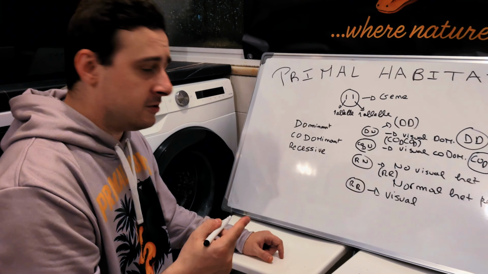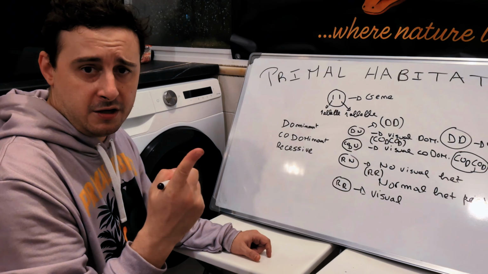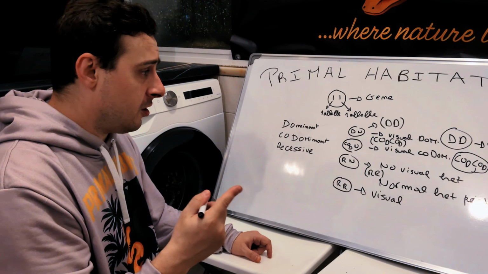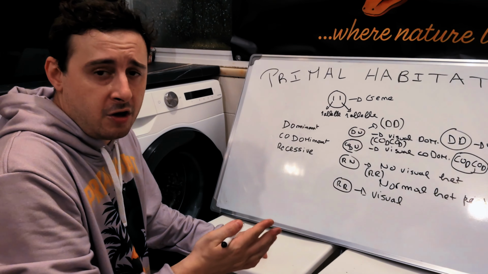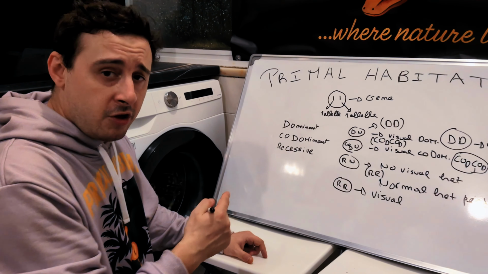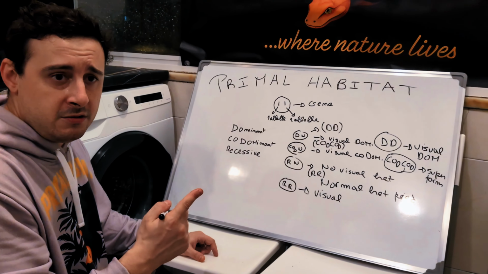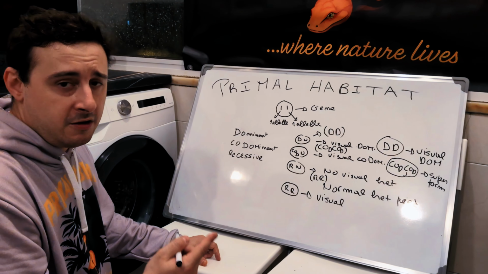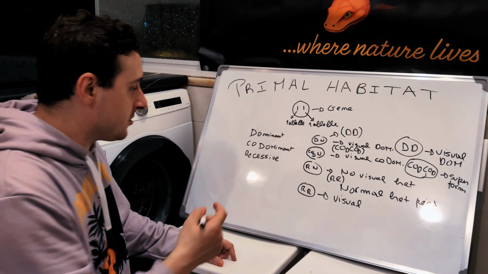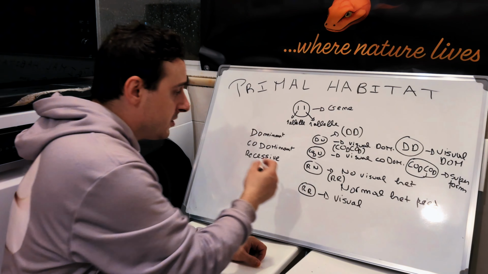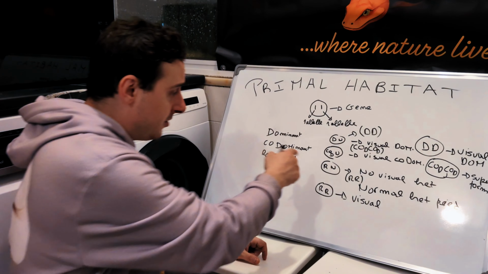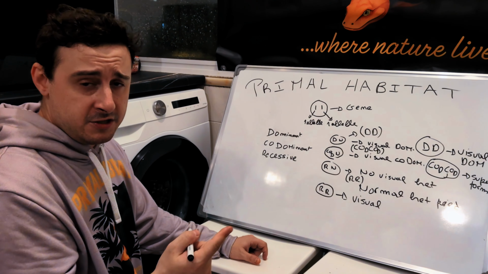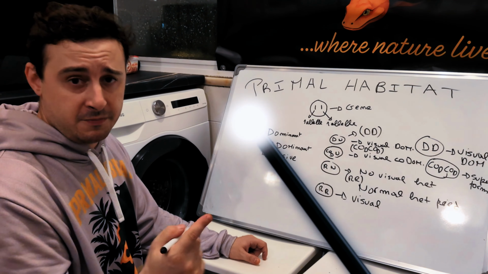When a dominant gene has two alleles, you only have the same as if you had only one, because you will see the dominant form. But in codominant, if you have one allele, you will see the normal form. For example, enchi, if this codominant allele was enchi, you will see an enchi. But if you have two codominant alleles for enchi, you will have a super enchi, which visually is much different.